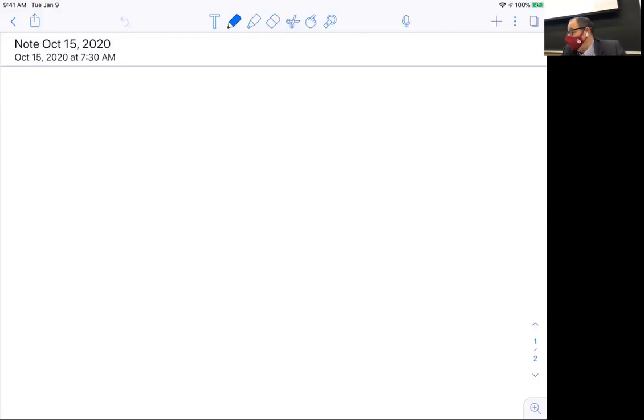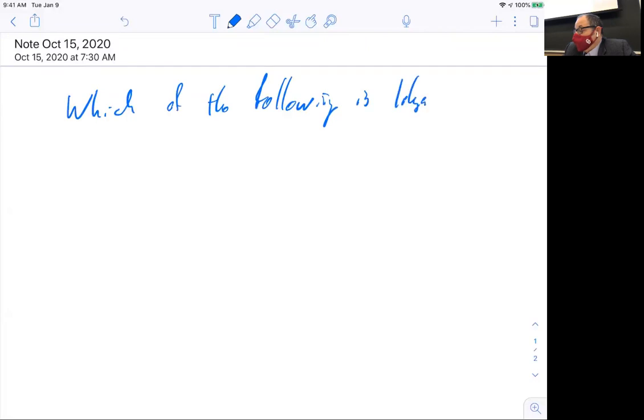So this is kind of exam 2 practice, and this will not be in order, it's just as I have some examples from some old exams here. So the first question is, which of the following is likely to rearrange by a 1,2-methyl shift?